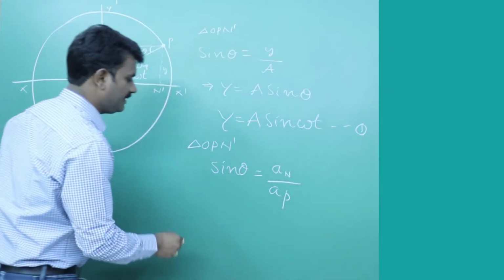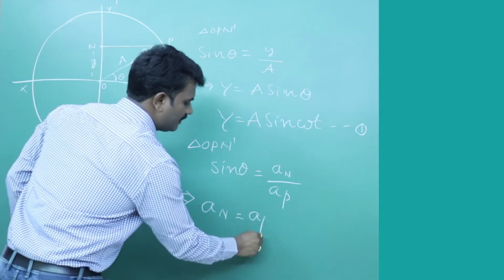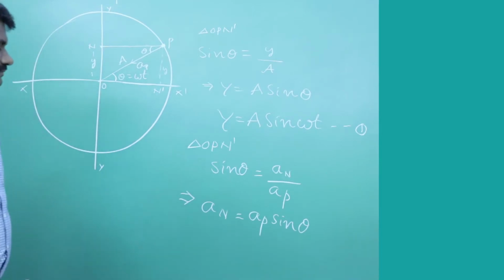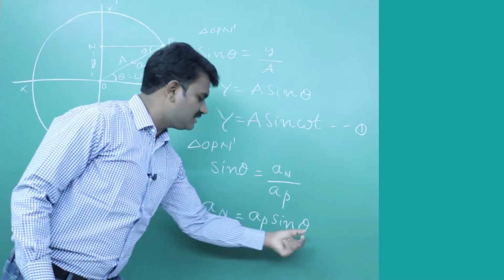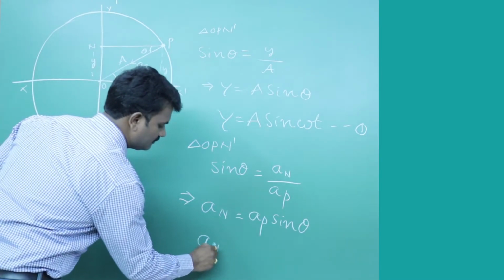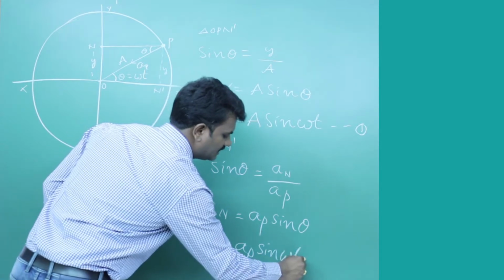So it is nothing but AP. That implies the acceleration of the normal is equal to AP sin theta, where theta means omega into t again. So AN is equal to AP sin omega t.